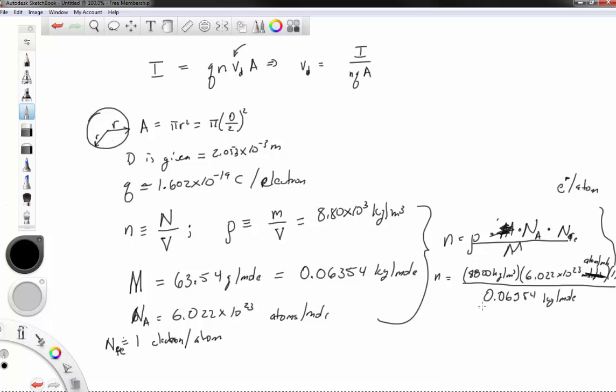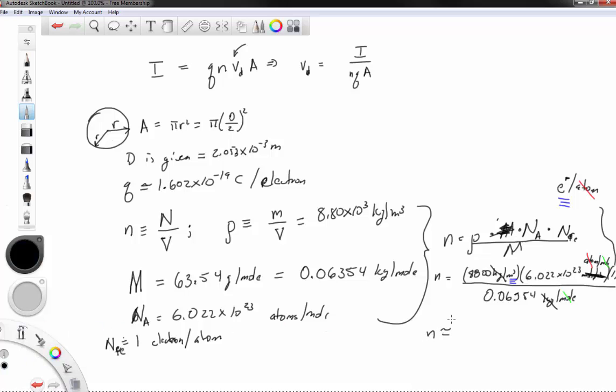So the units will all cancel in such a way that you end up with electrons per cubic meter. You can see that there's kilograms here and there's kilograms here. You can see that there are per atom here and there's atoms here. And you can see that there are moles here, or per moles here, and there's per moles here. So everything cancels except for the number of electrons and the per cubic meter, which is the things that we want.